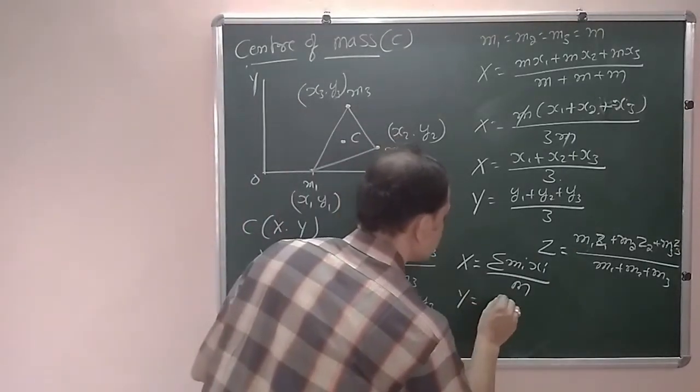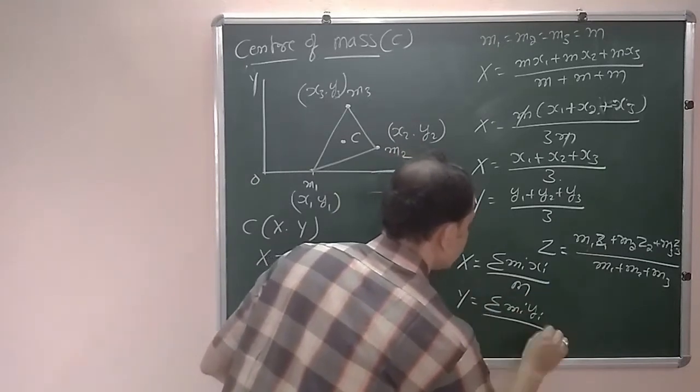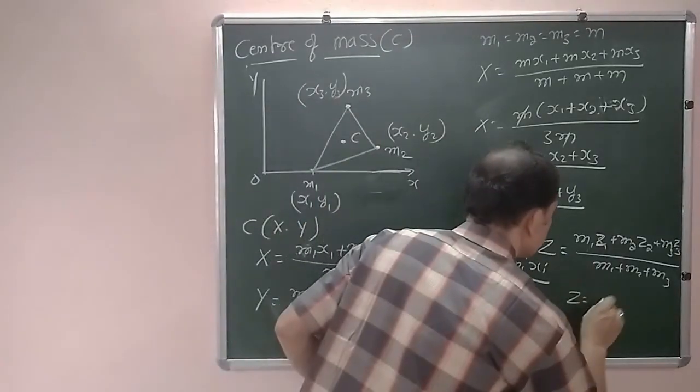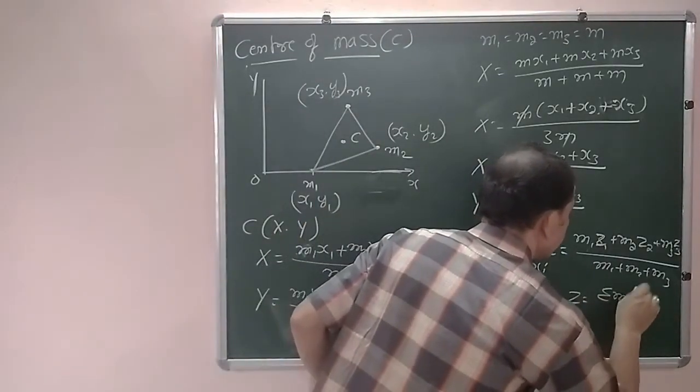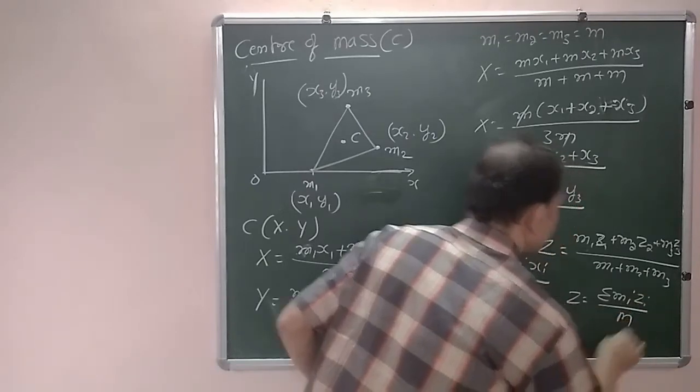Similarly, Y is equal to sigma mi yi divided by M, and the z coordinate is equal to sigma mi zi divided by capital M.